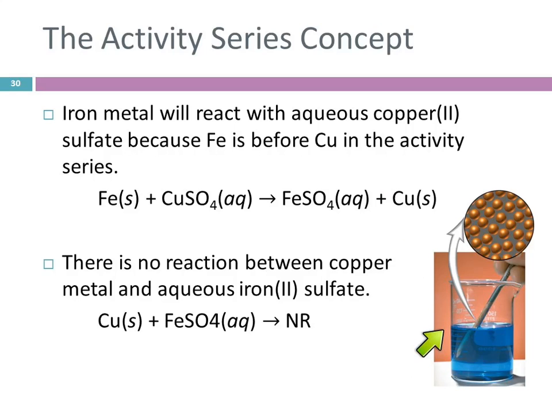And we actually see this in the lab. This is a reaction that's often done in a general or intro chemistry lab. If you take an iron nail and put it in a solution of copper sulfate, the nail starts to get furry after a while. And that's because you're getting copper deposited on the nail, and the iron is going away.